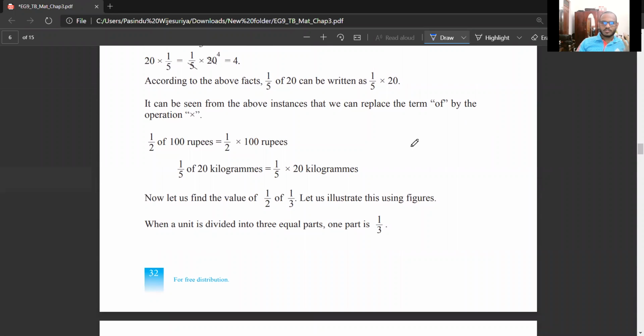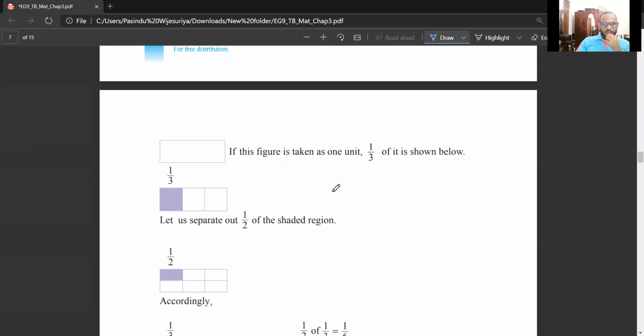So this is the statement question that you should understand. Half of 100 rupees is 100 rupees into half, which is 50. Simple as that. If the figure is taken as 1 unit, 1 of 3 is shown below. If this is 1, you divide this by 3, and this is 1 over 3.